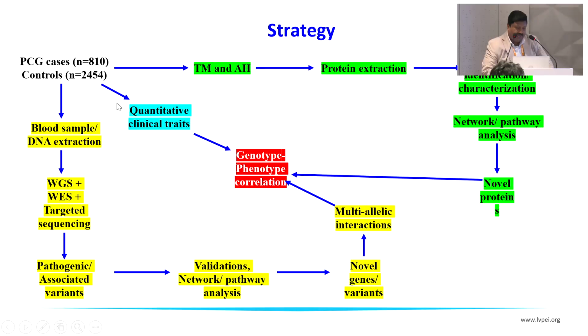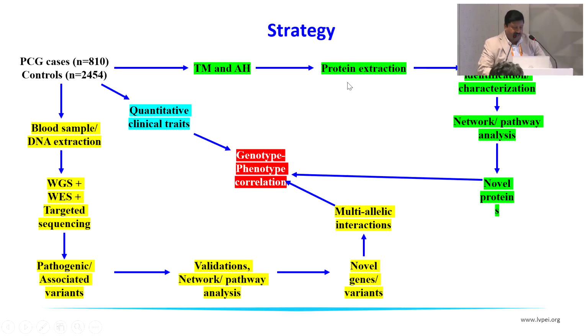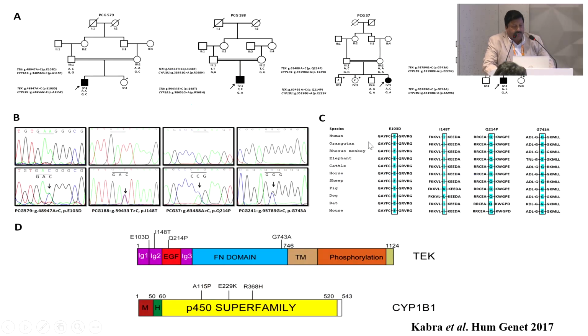We also use quantitative traits to understand genotype-phenotype correlations. The other was a proteomics approach using the trabecular meshwork and aqueous humor to understand novel proteins that are involved, and then linking all three together.